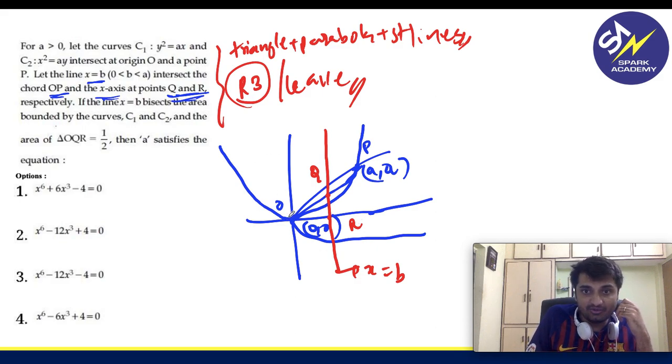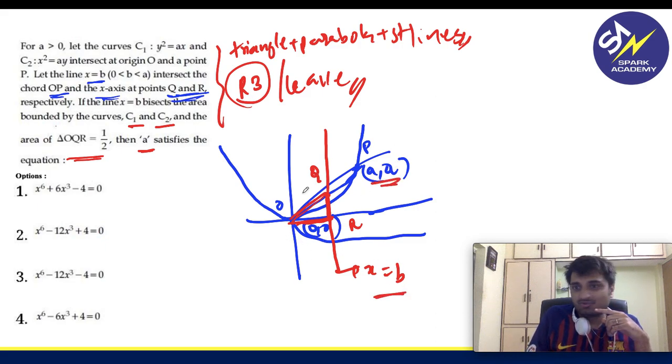So basically this is that point O, this is that point Q, and this is that triangle OQR, bounded by the curves C1 and C2 and the area of the triangle. Then a satisfies the equation. So a is the unknown here. So this part is b. So you have to do some calculation. So it's a little tricky.